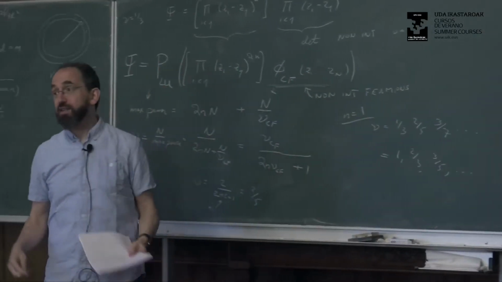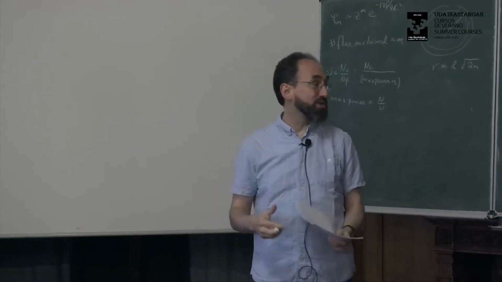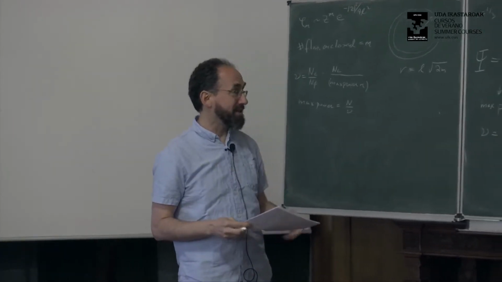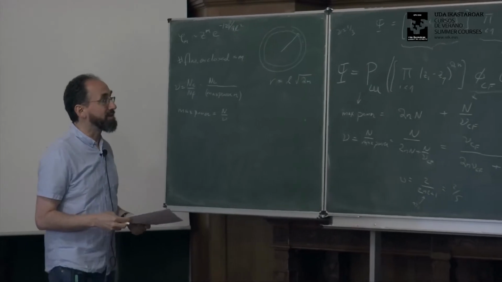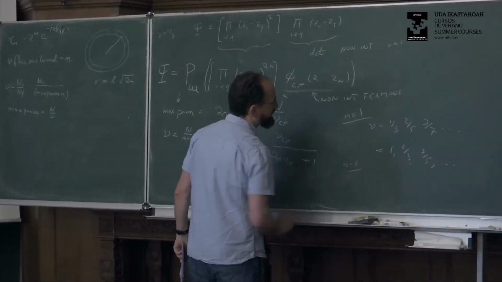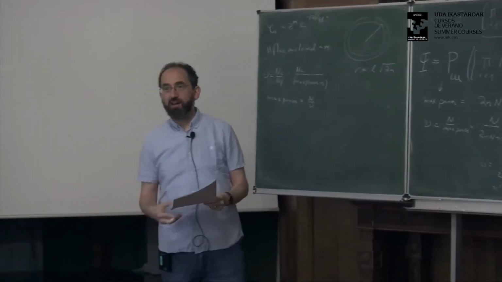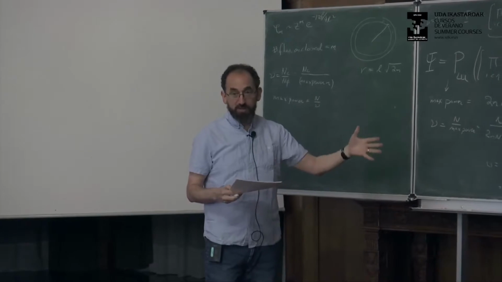And these indeed are the strongest, most easily observed filling fractions in the lowest Landau level. And then if you add to these the n equals 2 series and the particle-hole conjugate of these, it basically explains 95% of all quantum Hall states that have ever been observed.